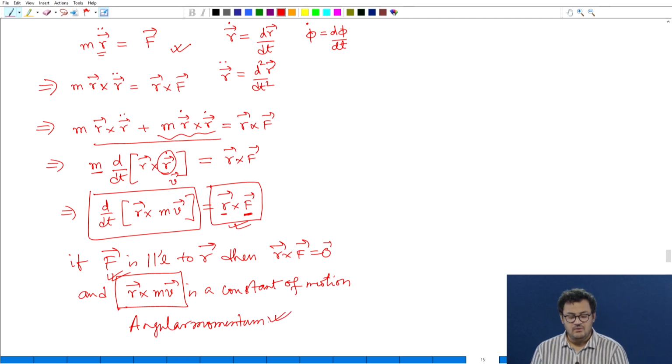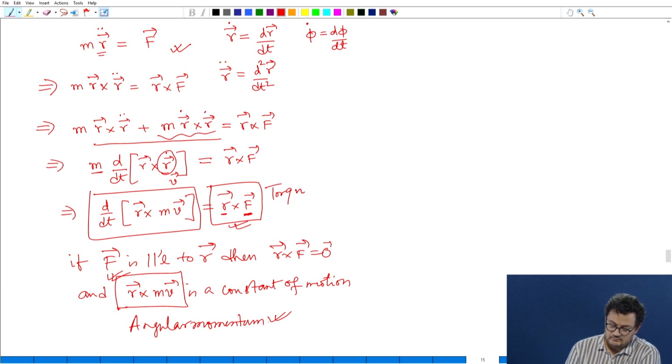Now, this quantity, r cross f, is known as the torque. So we say that just like the force is the rate of change of the linear momentum, the torque is the rate of change of the angular momentum.